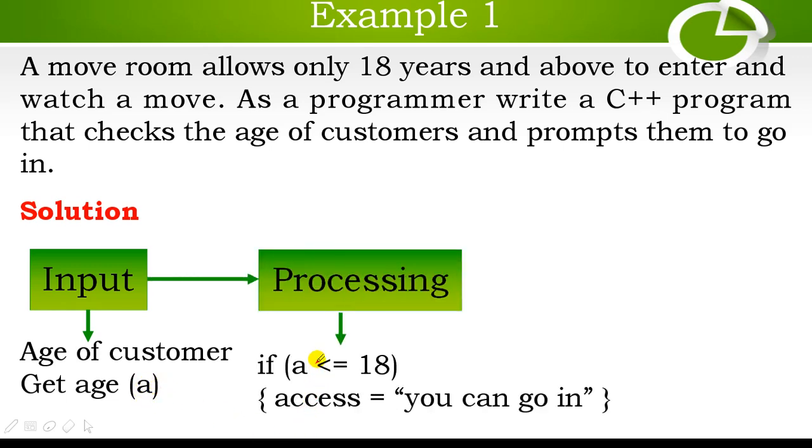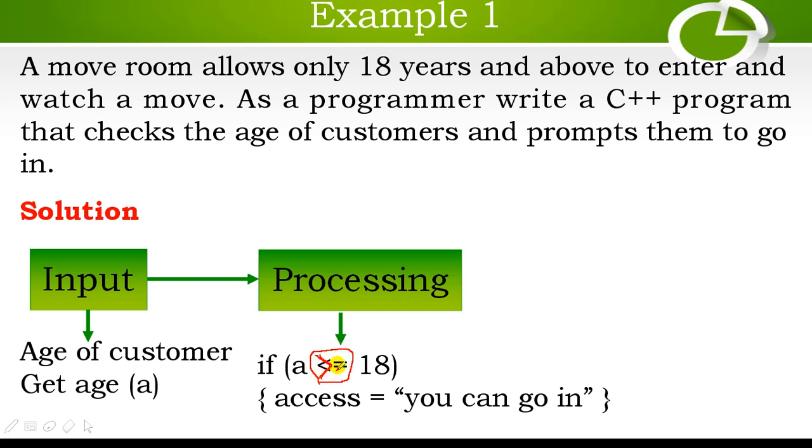Then we process it. What is the process? The process is that we check if age is greater than or equal to 18. If age is greater than or equal to 18, then access is equal to you can go in. Remember we've talked about greater than or equal to in our previous videos.